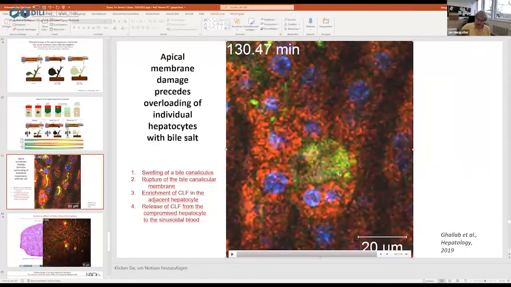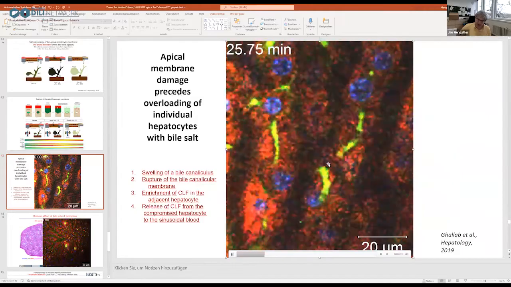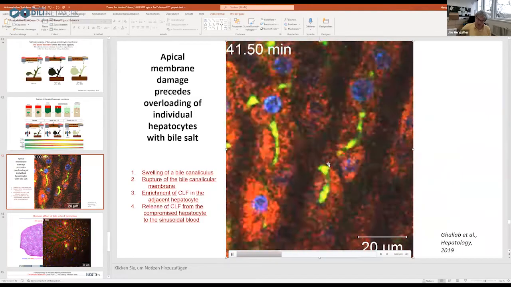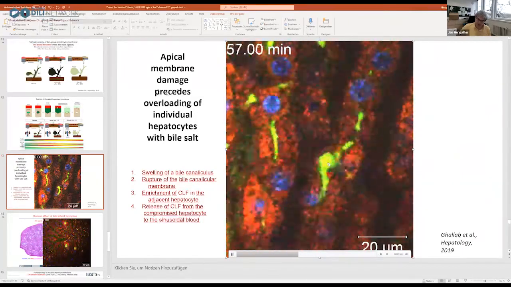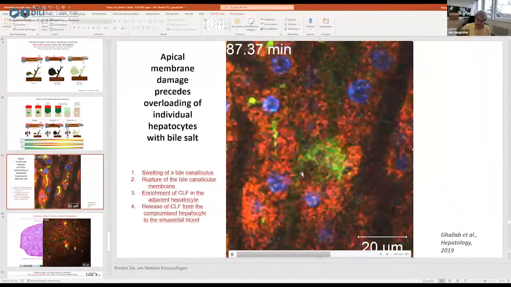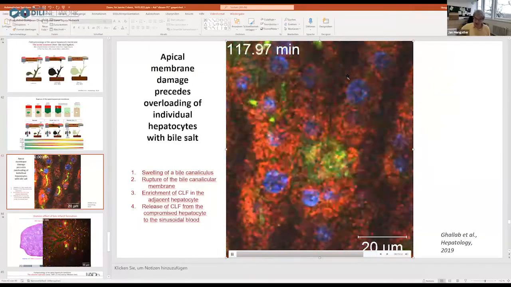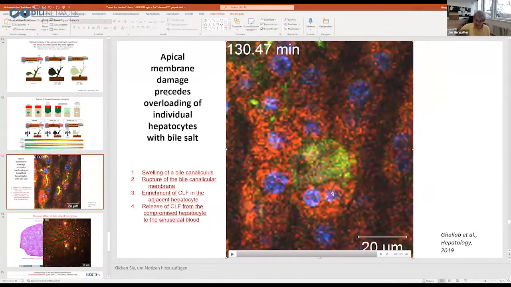And you also see that via this ruptured membrane, it swells, ruptures, and then fluorescent material is periodically released into the bloodstream. And you don't see the canaliculus any longer, so it has emptied its fluorescent material to the bloodstream.